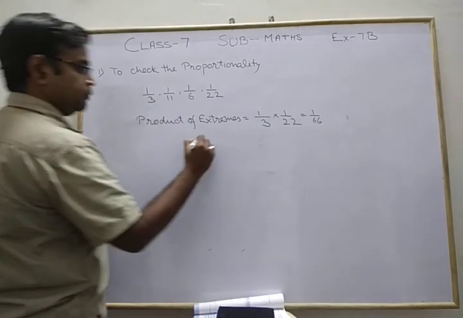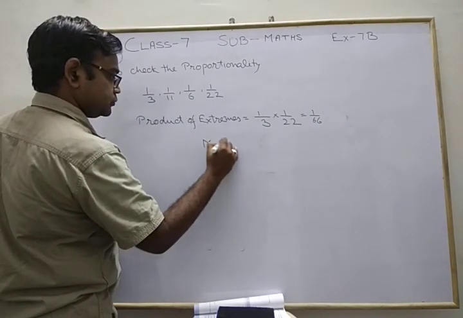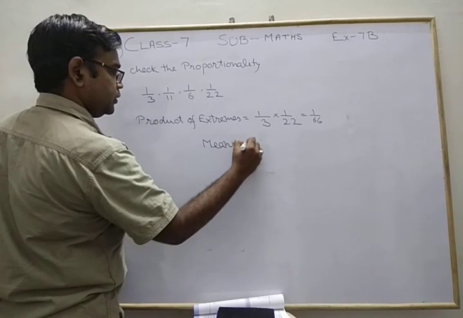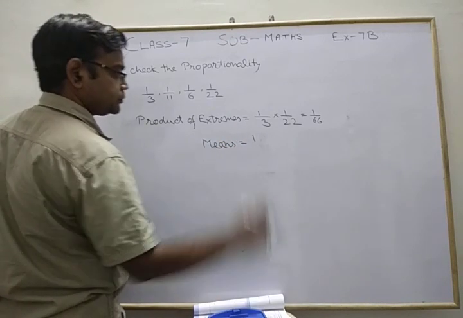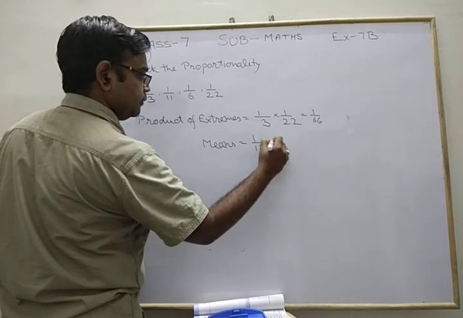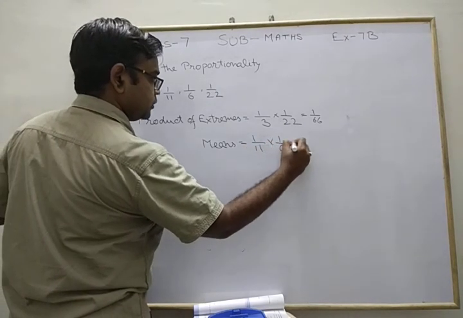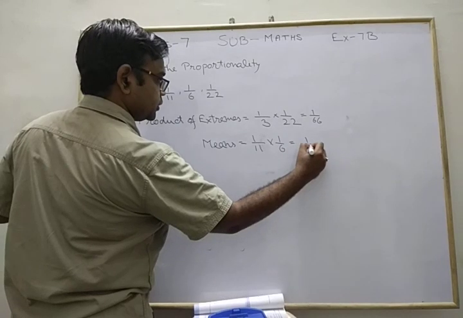Now the product of means equals 1 upon 11 into 1 upon 6, which equals 1 upon 66.